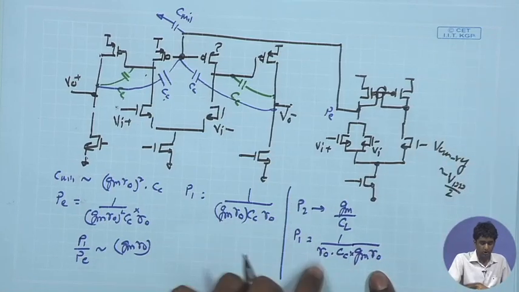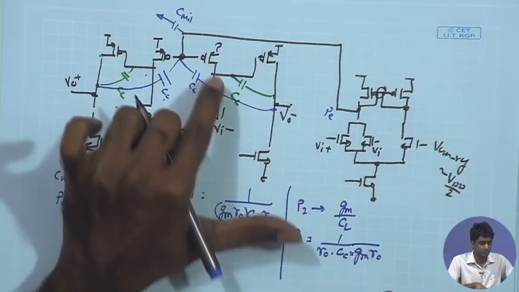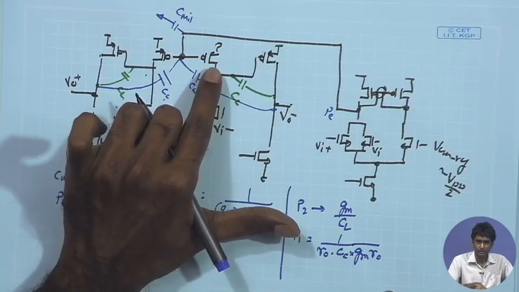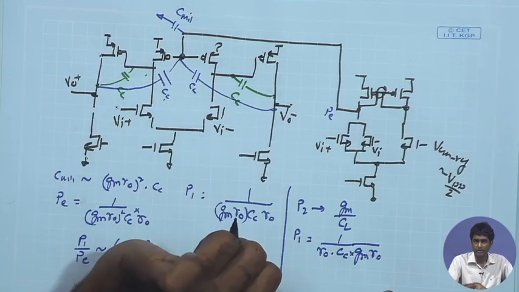So this is the order of the two poles that I get when I am using Miller compensation between the input of the second stage and output of the second stage.